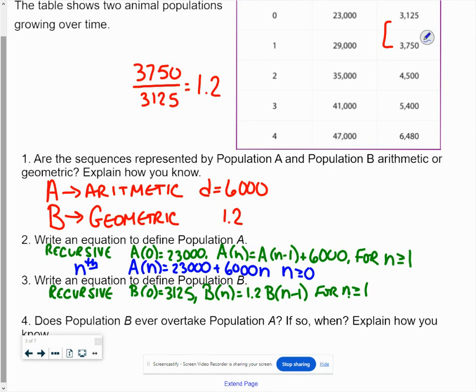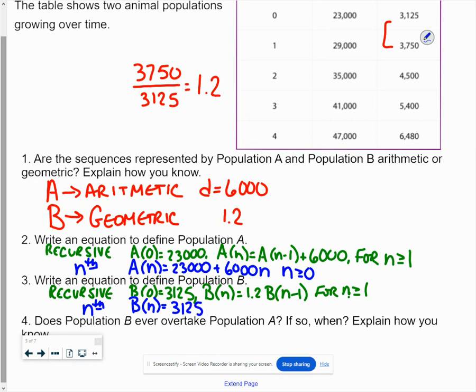The nth term for this would be B of n equals, and again, our form just says whatever our starting amount is, which is B of 0, we know that number, which would be that 3125.